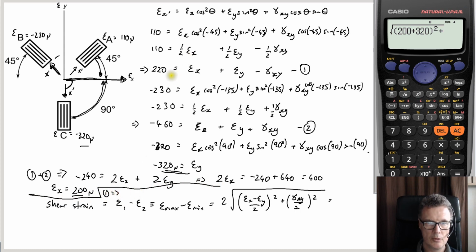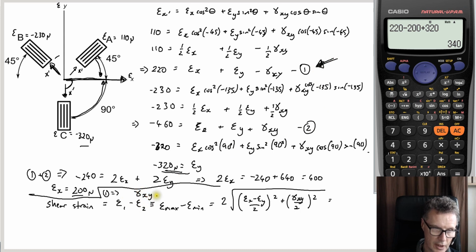So that will be, stop you for a minute, 220, take away the x, 200, take away the y, which will be plus 320. So we're using this equation here. And we're going to get the strain in the xy plane is 340.